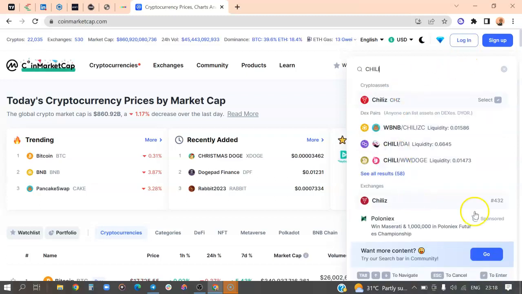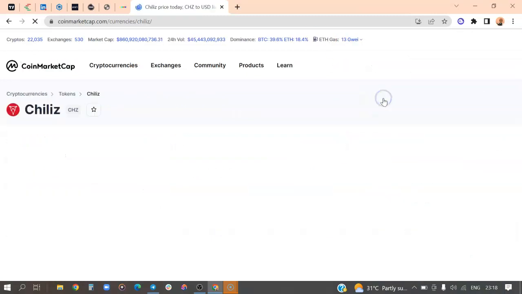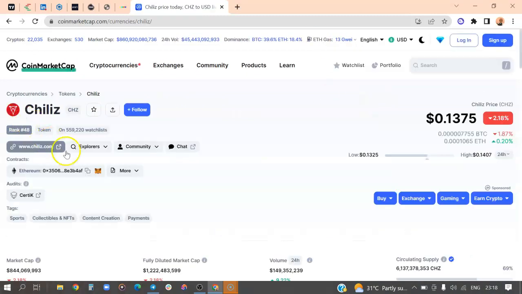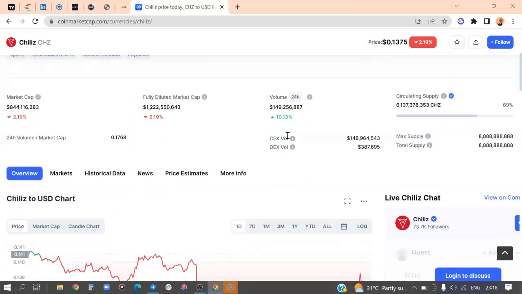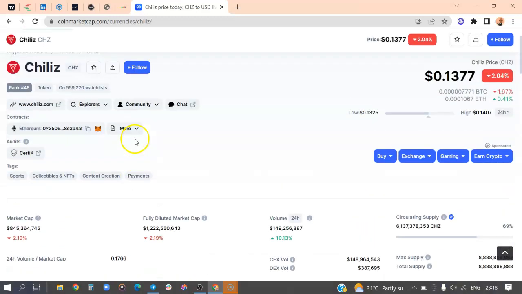Chiliz is ranked number 40-something, 48, and they have a market cap of almost $1 billion, and their FDMC is 1.22 billion. It is enjoying a good volume, and if you look at the volume to market cap ratio, it is incredible.